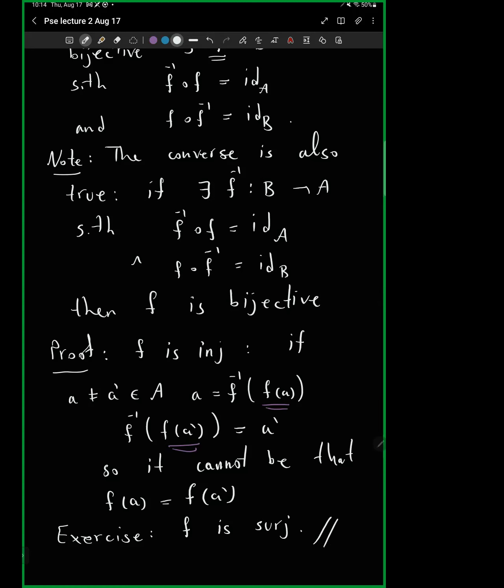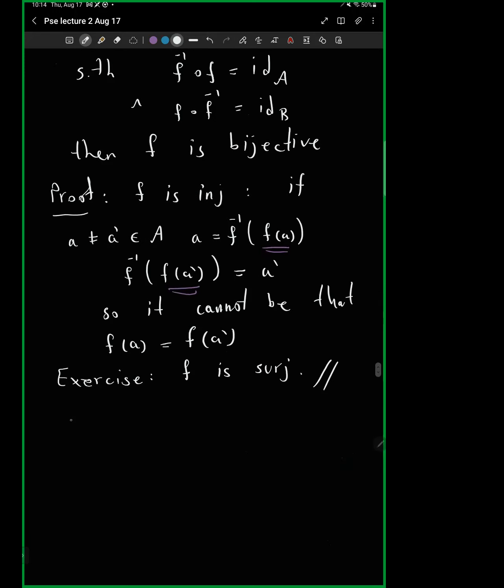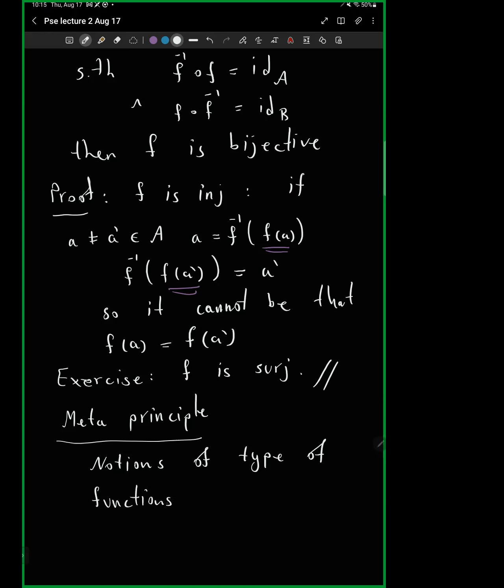Now, one thing that is kind of a meta principle, I guess you could say, is that notions of types of functions like injective and surjective are what is called closed under composition.